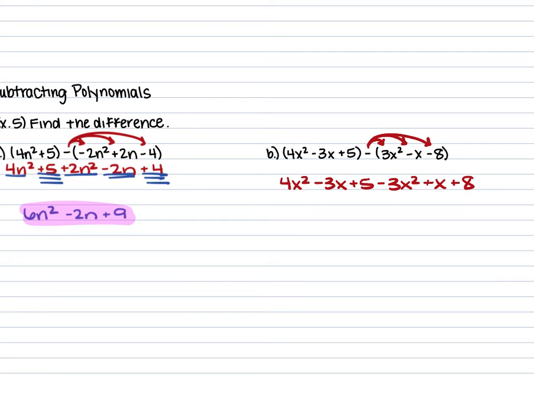Next, we combine our like terms. So 4x squared minus 3x squared is just x squared. Negative 3x plus x is negative 2x. And 5 plus 8 gives us 13. So it's x squared minus 2x minus 13.